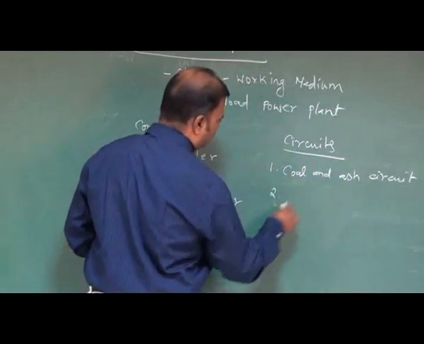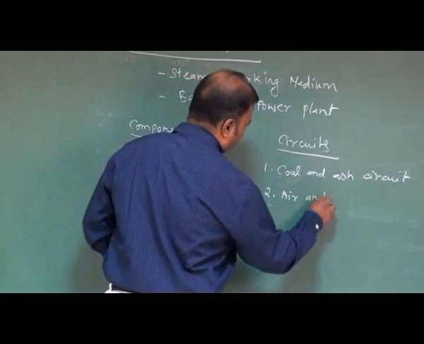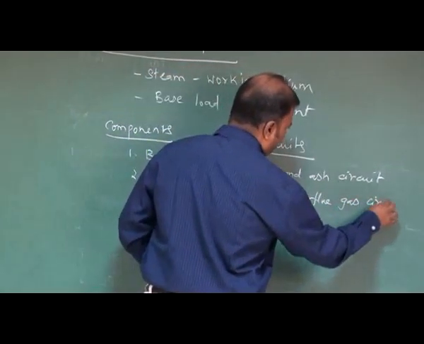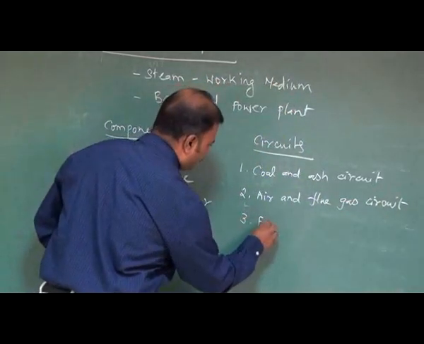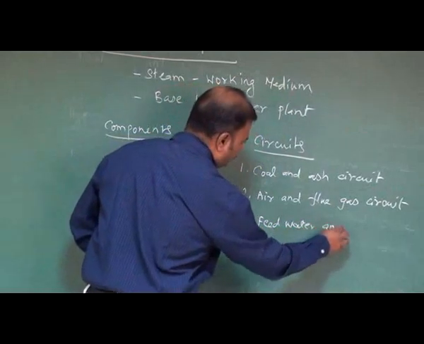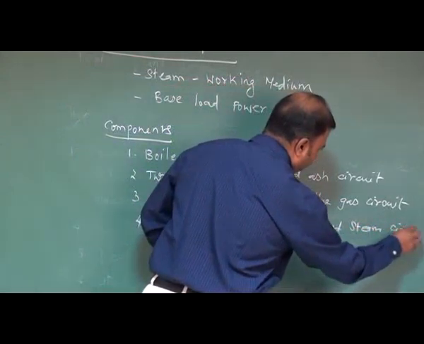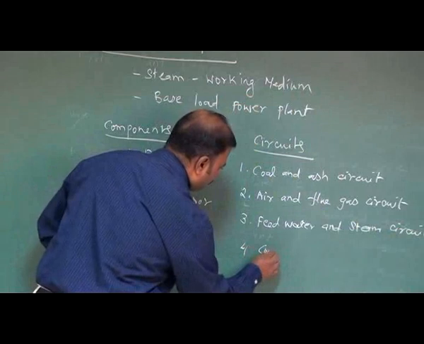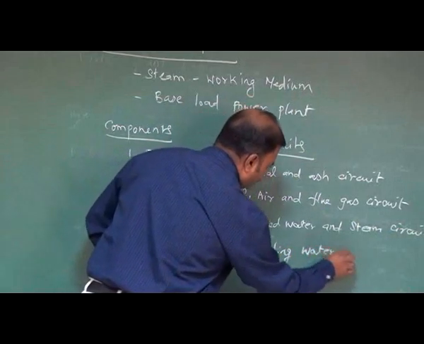The second one is air and flue gas circuit. The third one is feed water and steam circuit. The fourth one is cooling water circuit.